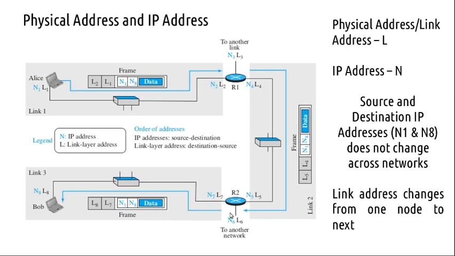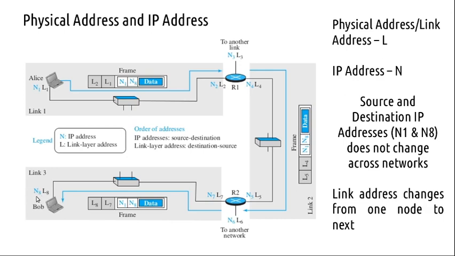Now this is the same situation. Alice and Bob, these two people are there and they are sending a frame. This is the data link layer frame, the data, and it has N1 and N8. N1 and N8 are the network layer addresses. Alice's computer has a network layer address, that is IP, which is N1, and the destination IP address is N8. N8 corresponds to Bob.